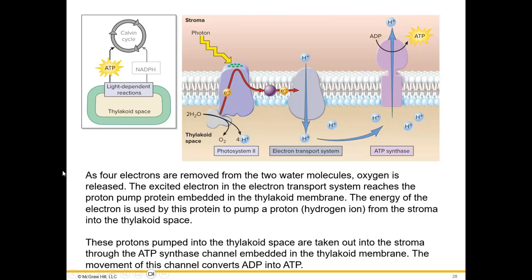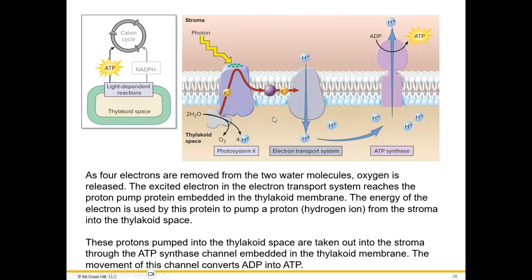So as 4 electrons are removed from 2 water molecules, here's our water molecules, we have removed 4 electrons, oxygen will be released. The excited electron in the electron transport system reaches the proton pump protein embedded in the thylakoid membrane. That's here. So this is the proton pump protein.